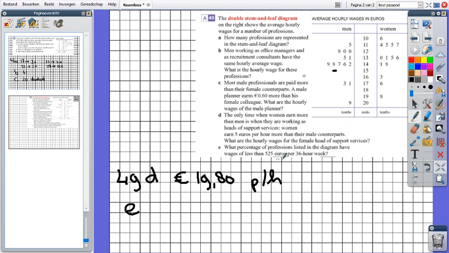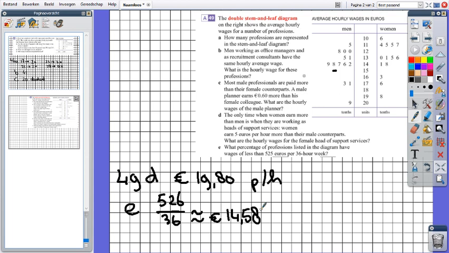I'm going to do the last one. So if we know that we earn 525 euros in 36 hours, then in 1 hour we earn 525 divided by 36. This is going to be approximately 14 euros 58 cents.